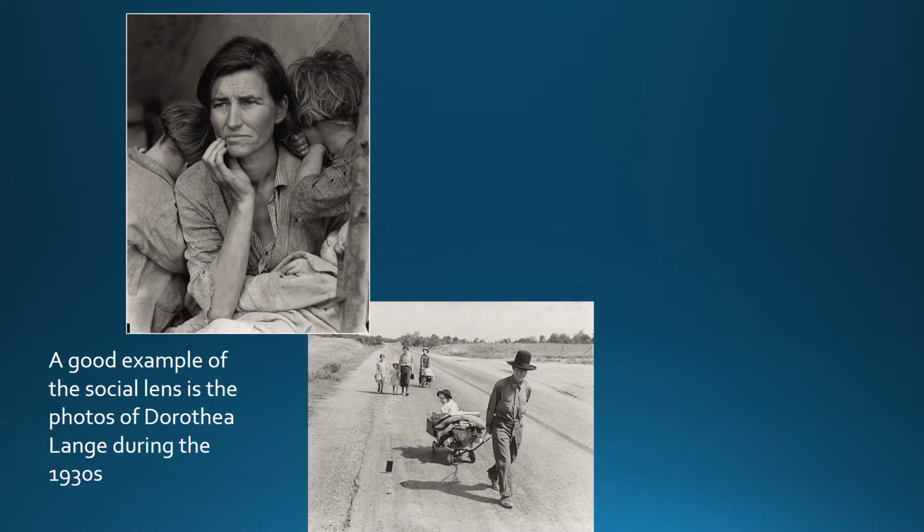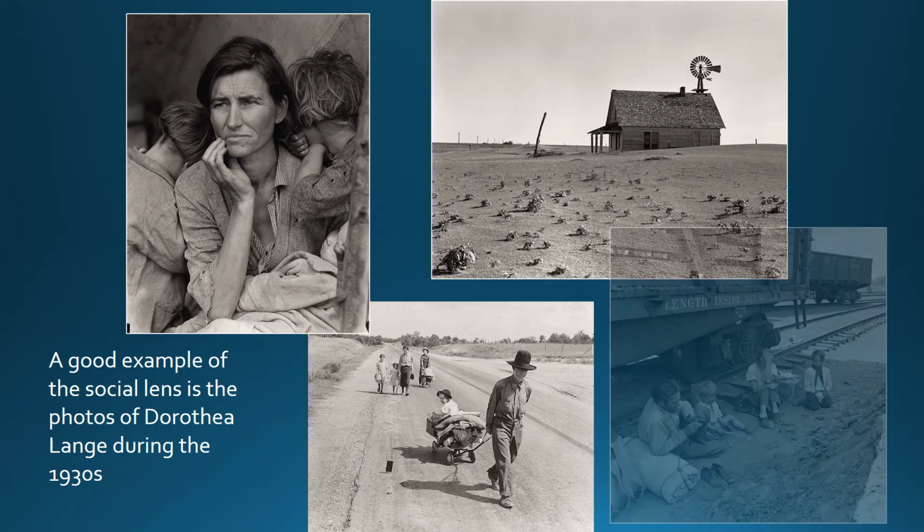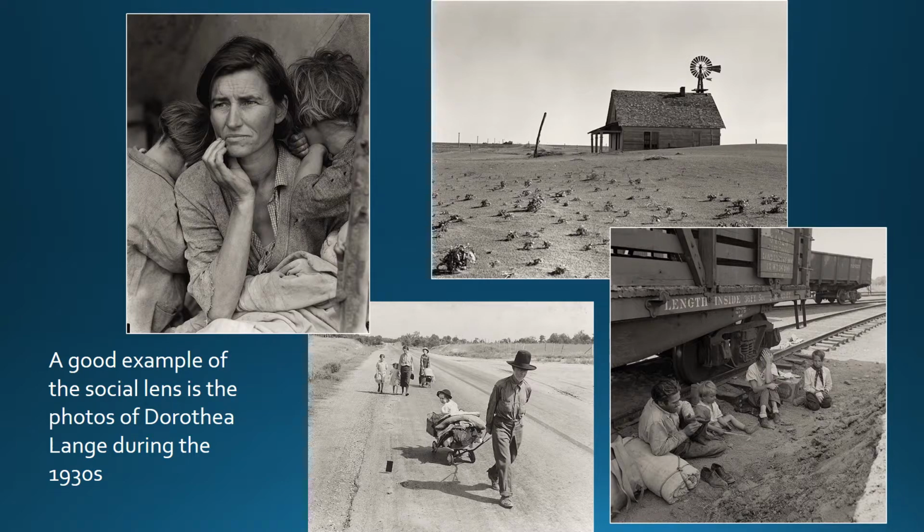First of all, I'm using Dorothea Lange as an example of a social historian. She was a professional photographer during the Great Depression hired by the federal government to document the lifestyles of individuals during the Great Depression. As you can see, she liked to focus on the downtrodden, which there were millions of people in that situation.